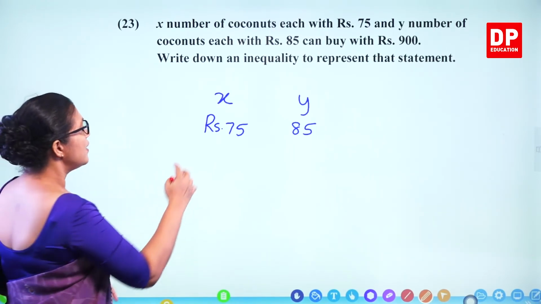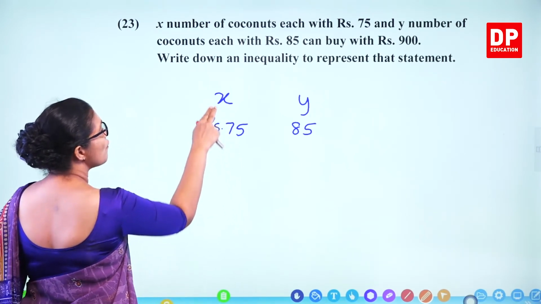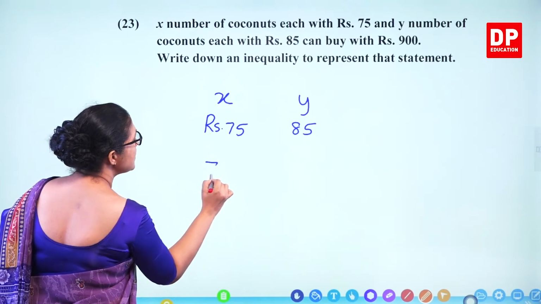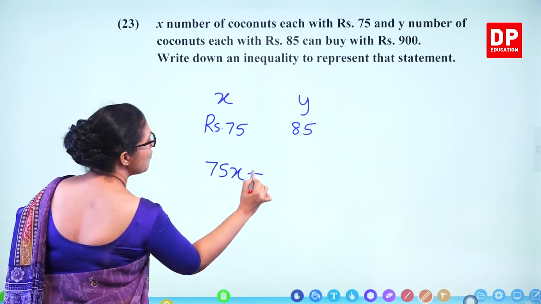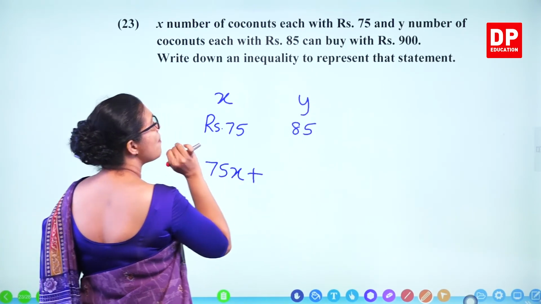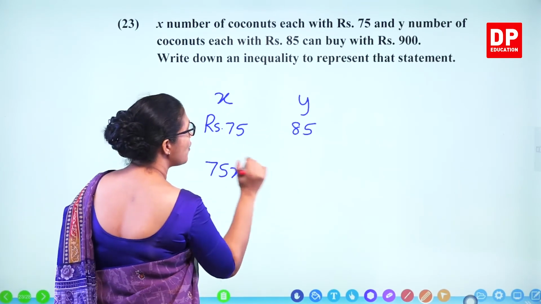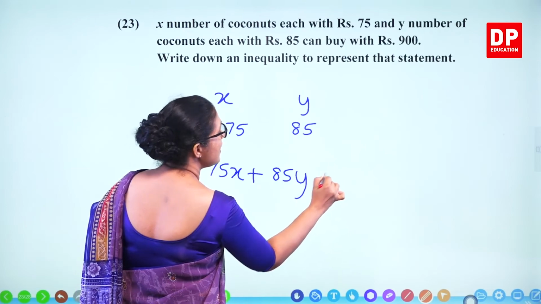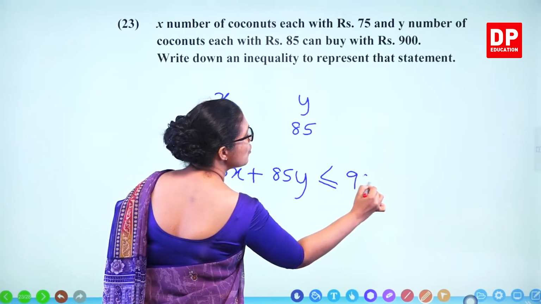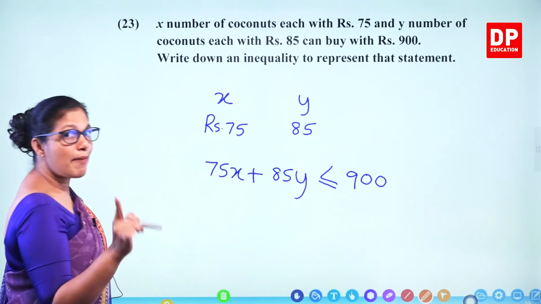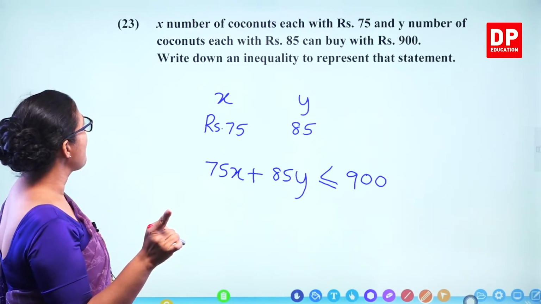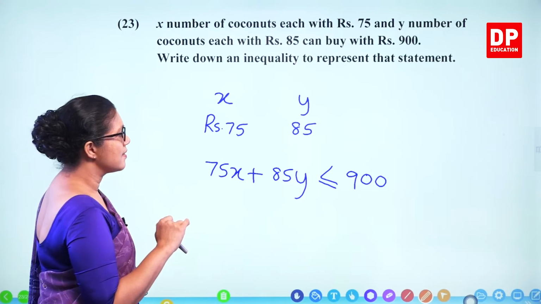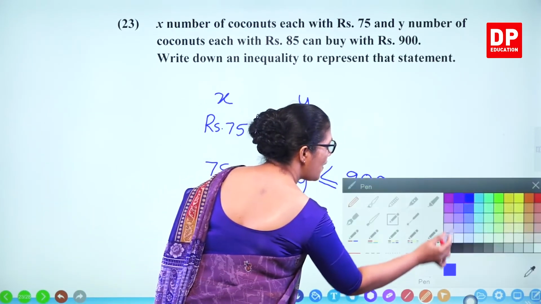The price of X coconuts at 75 rupees is 75X, and the price of Y coconuts at 85 rupees is 85Y. The total is less than or equal to 900, because the maximum value is 900. So you write this inequality and get 2 marks for that.